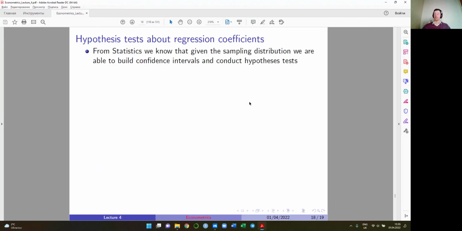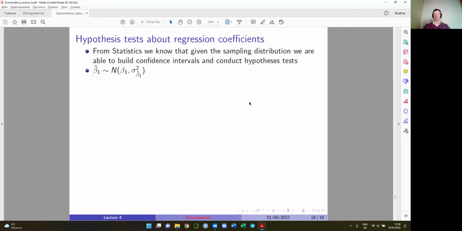Well, finally, we know what the sampling distributions of beta 0 hat and beta 1 hat are, and we are ready to make the hypothesis test. So this slide is going to be the transition to the next lecture. From statistics, we know that if we have a sampling distribution, we are able to build confidence intervals, and we are able to conduct hypothesis tests.